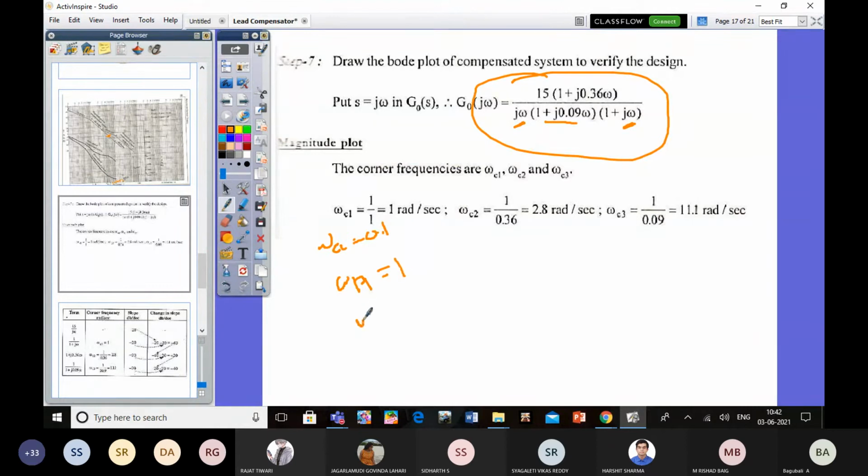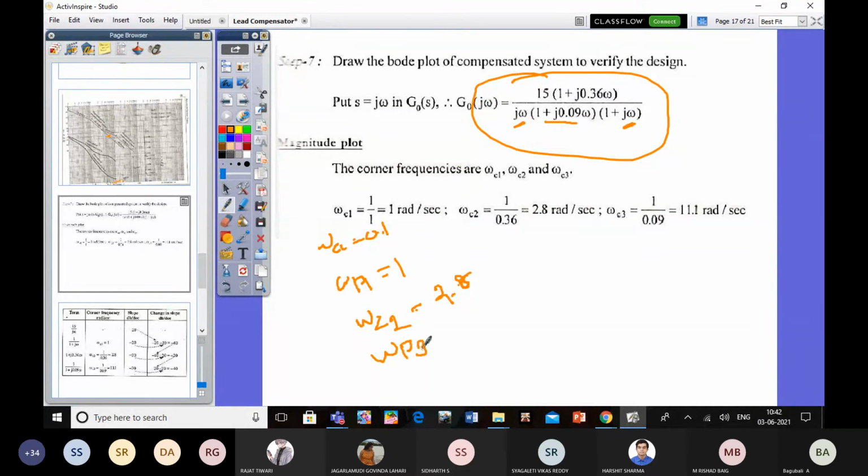What about omega p2? Next, which one will come? Omega p2, or it may come for Z1. Which one will come? So Z1, omega Z2. Omega Z2 value is 2.8 radians per second. What about next? Omega p3.